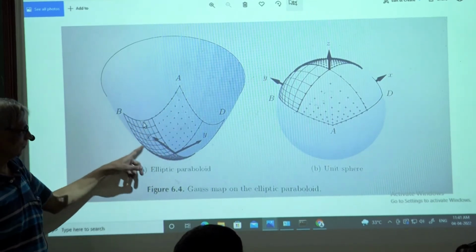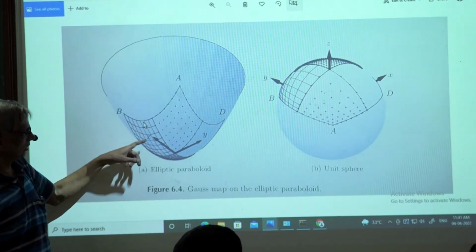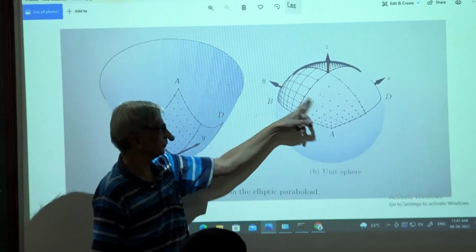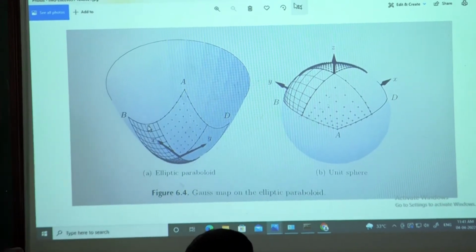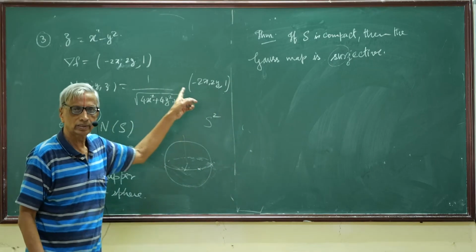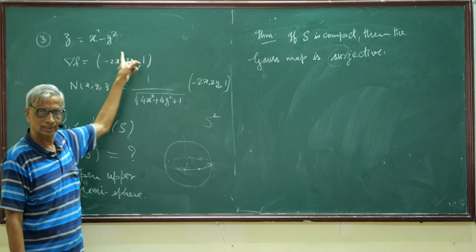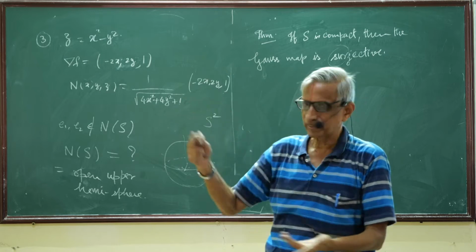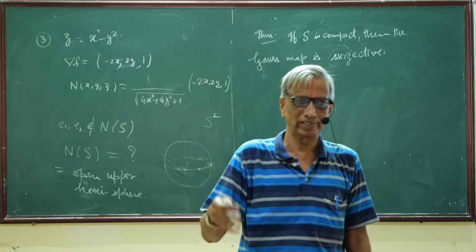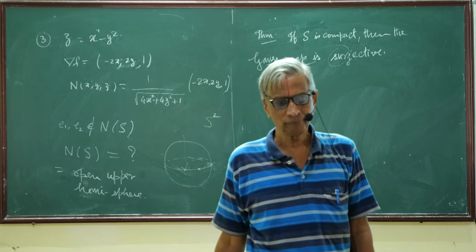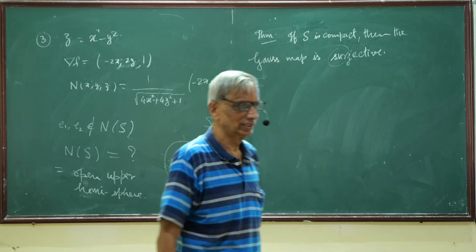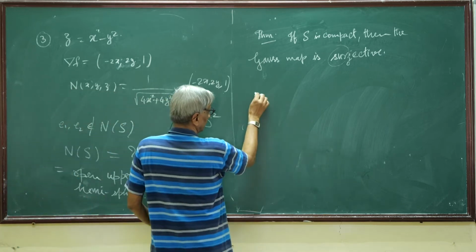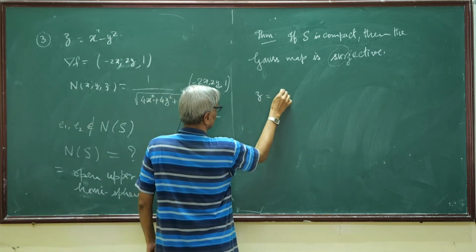So points here map to these points here by the Gauss map and so on. Okay. Elliptic paraboloid, how do you write the equation? Instead of minus, you write plus, right? Of course, you can put coefficients if you want. X square by a square minus y square by b square, and so on. It's just a rectangular hyperbola that you get, right? So the elliptic paraboloid is like this.